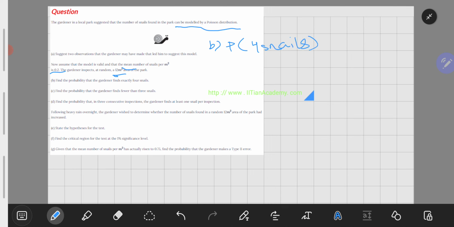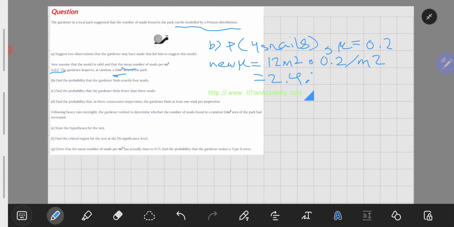Inspecting a 12-meter garden, we can find our new mean, mu, which is 12 meters squared multiplied by 0.2 per meter squared. So our new mean will come out to be 2.4.